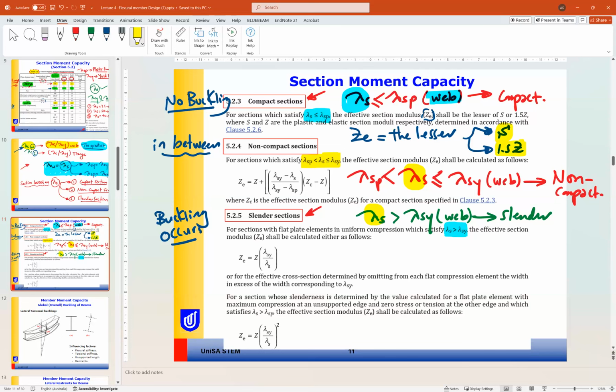Have you used the tables before for the sections, the cross sections? We have used the section table. I will show you.